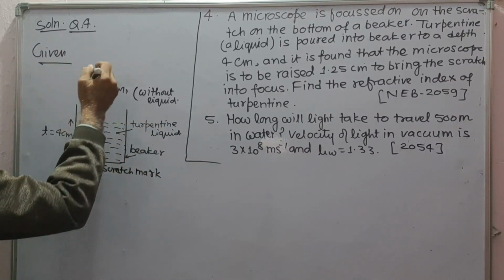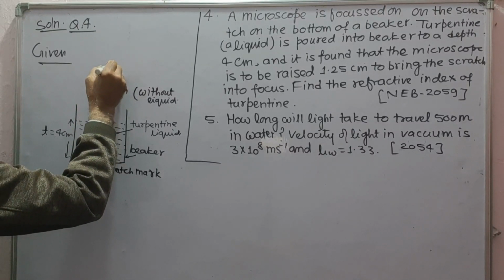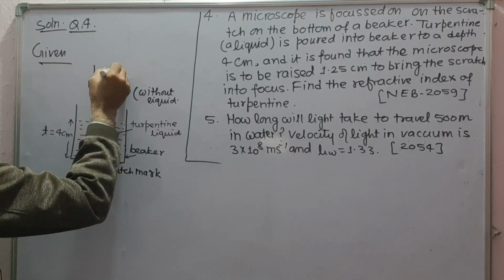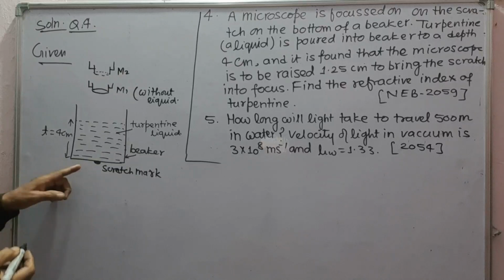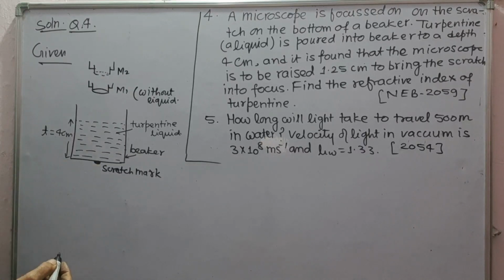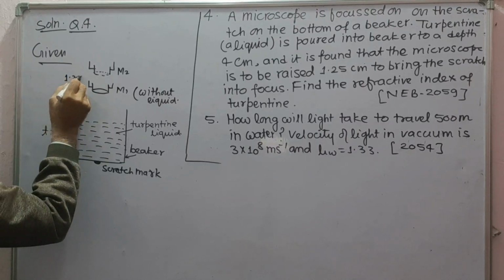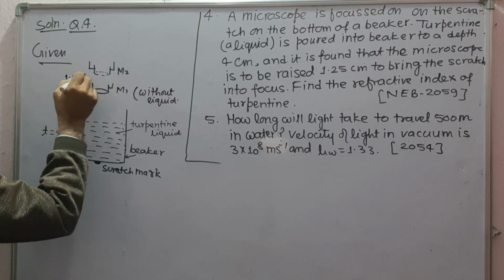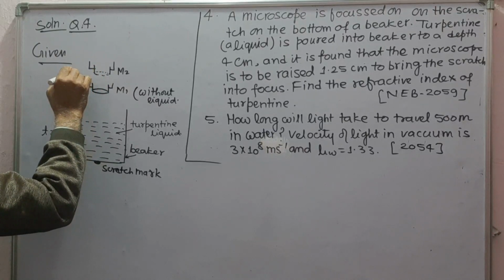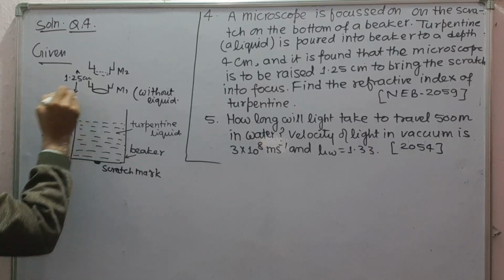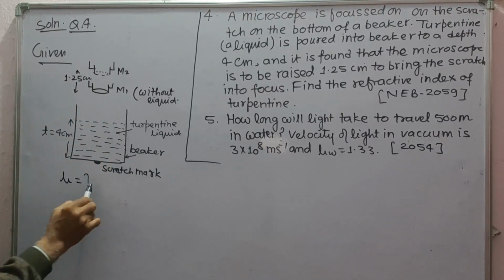Then this microscope has to be raised to this position M2 to refocus on the scratch. This distance is given to be 1.25 cm. Then we have to find the refractive index of the liquid.